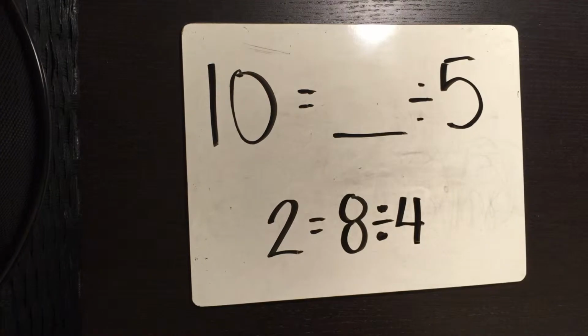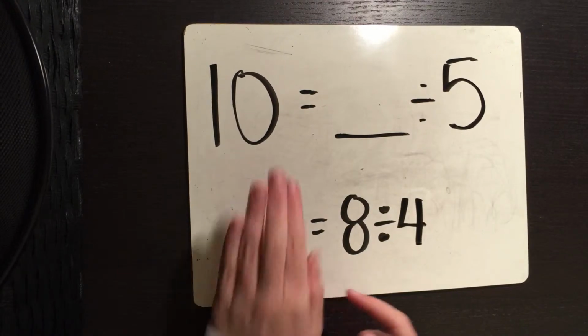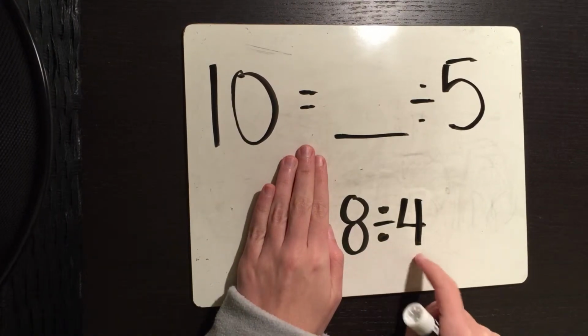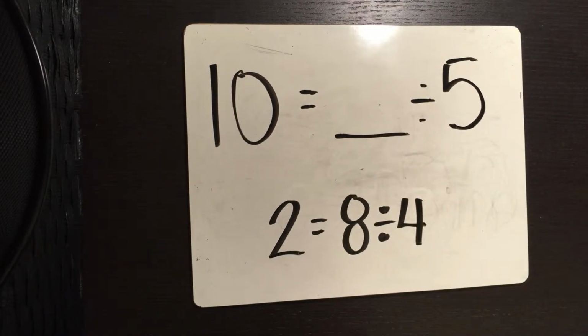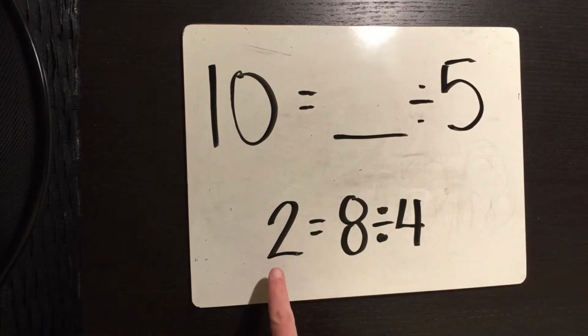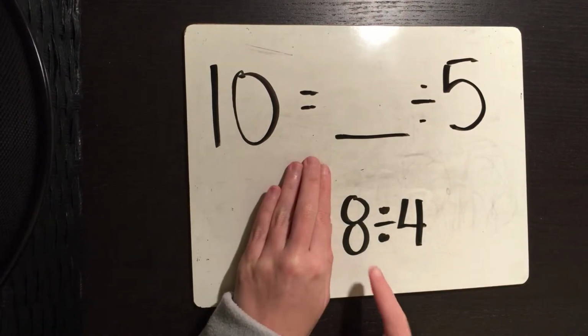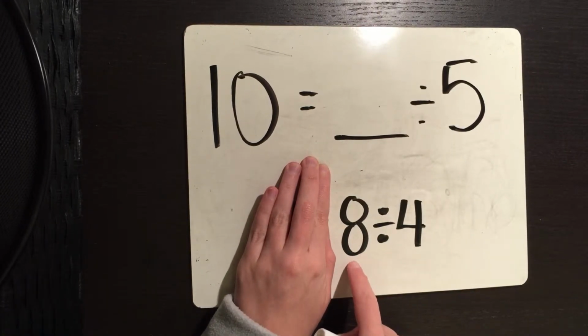Is that right? It is right because I have my answer on one side and my problem on the other side. Some of us were getting confused because Mrs. Silverglatt told you in our division problems we always put the total first. When I mean put the total first, I don't mean that it has to be the first number you write. I mean that it has to be the number that's in front of the division sign.